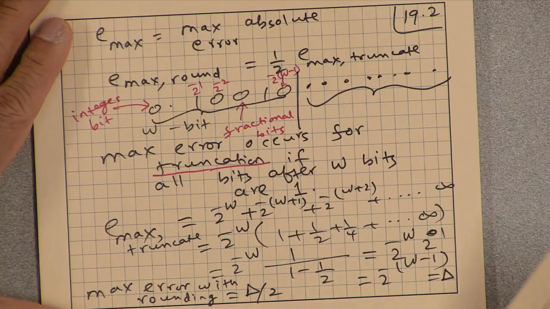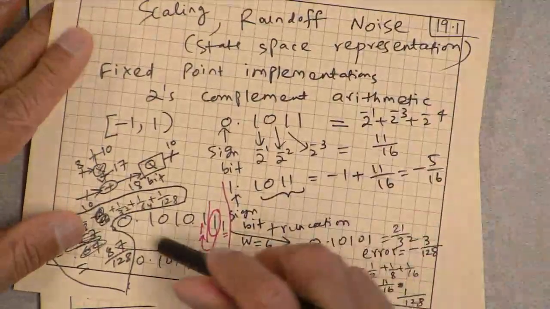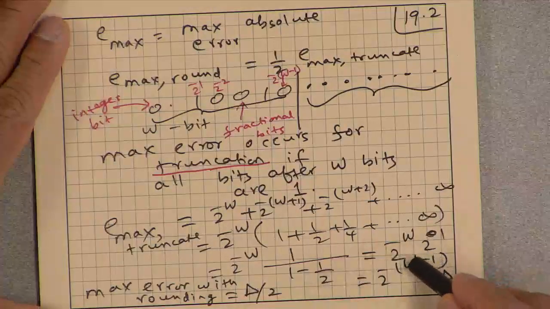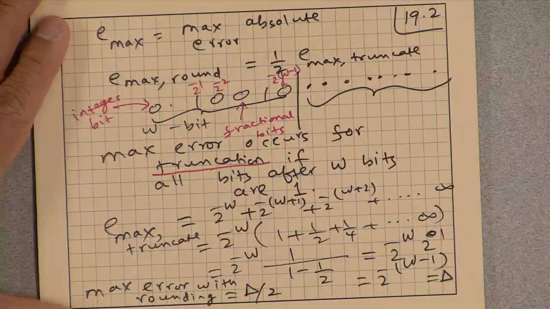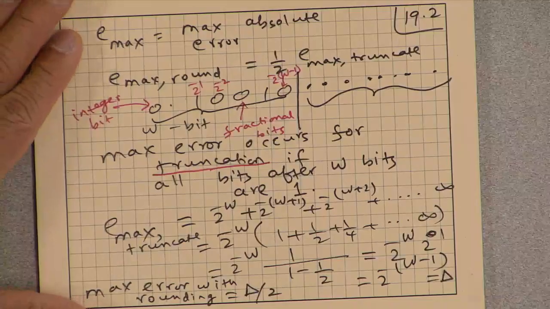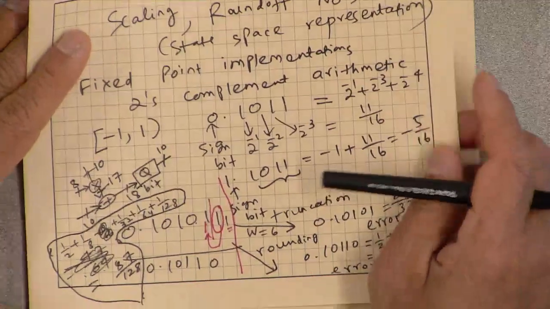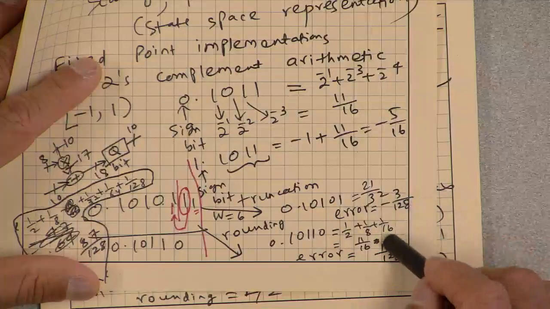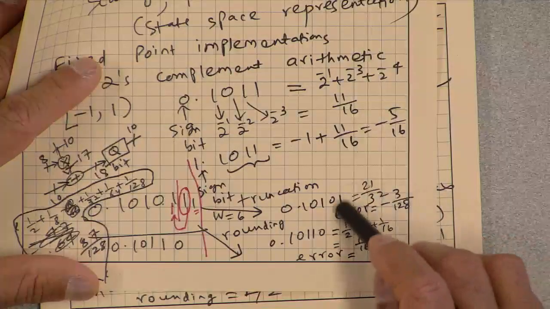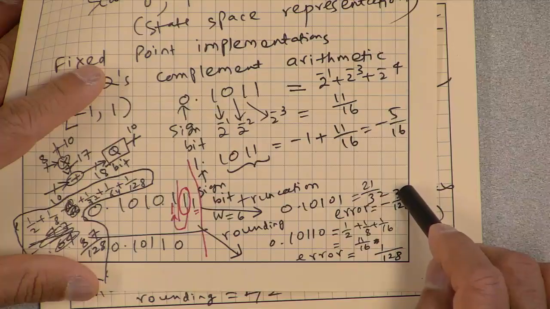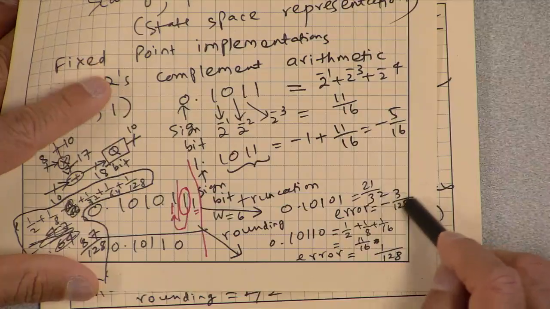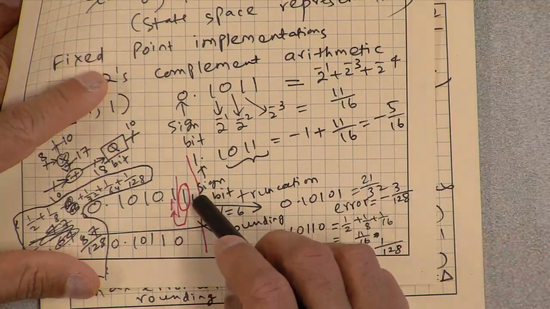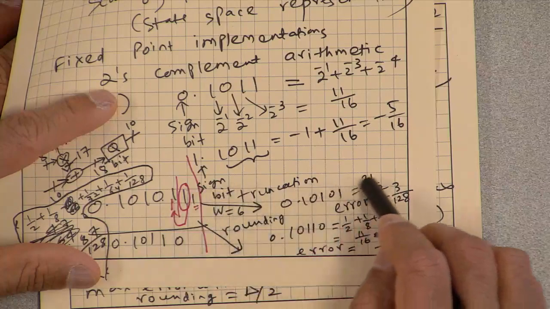So if w was 6, as in this example we were working out, w minus 1 is 5, 2 to the power minus 5 is 1 by 32, so the maximum error with truncation would be 1 by 32. You can see 1 by 32 is 4 by 128, and this error absolute value is 3 by 128, which is not maximum yet, because to be maximum we would need all these ones all the way up to infinity.